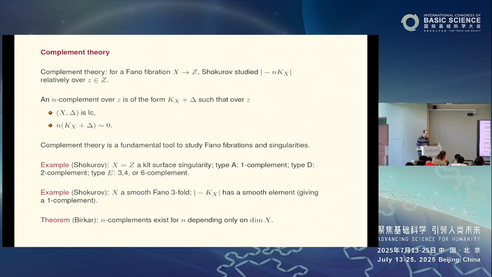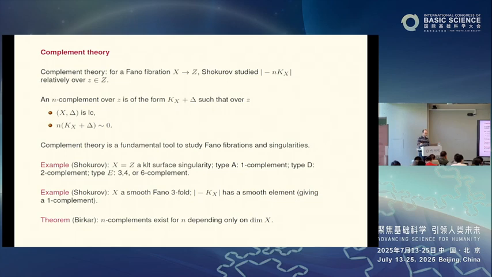For example, in dimension 2, let's look at the purely local case, where we take just a germ of a singularity. So X to Z is just the identity. Suppose this is one of those KLT singularities, then there is a classification of this type of singularities. There are A-type, D-type, and E-type. A-type corresponds precisely to when you have a 1-complement.